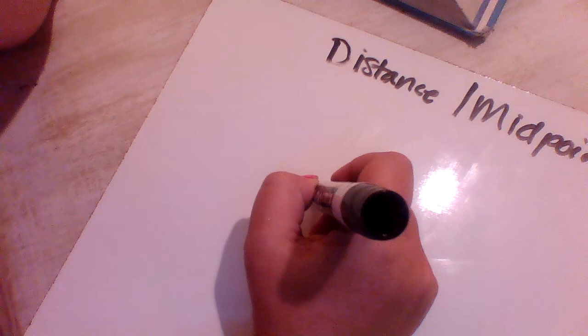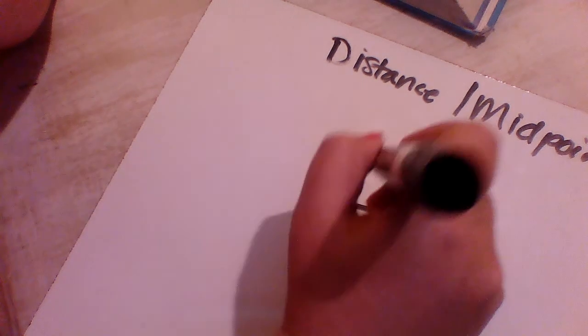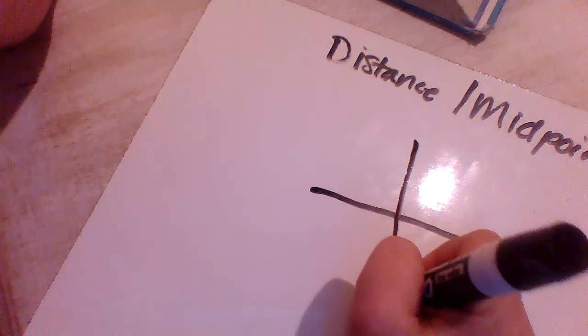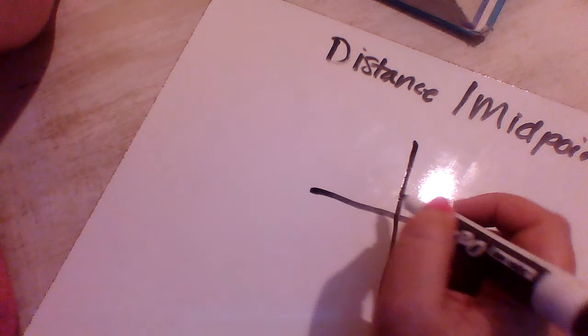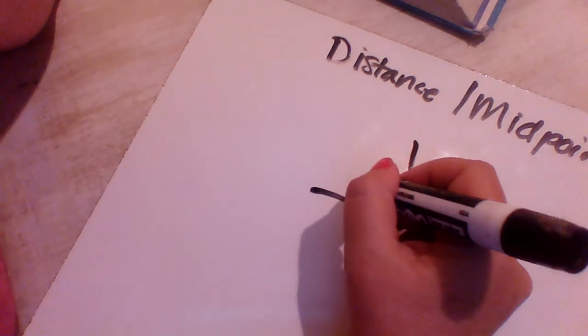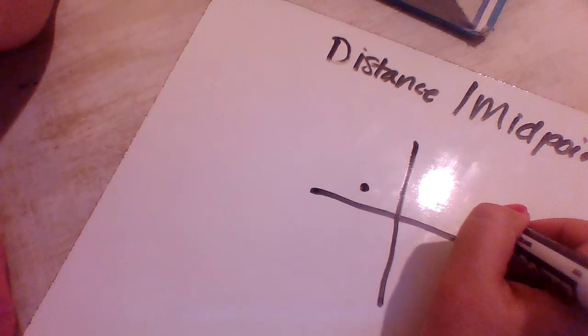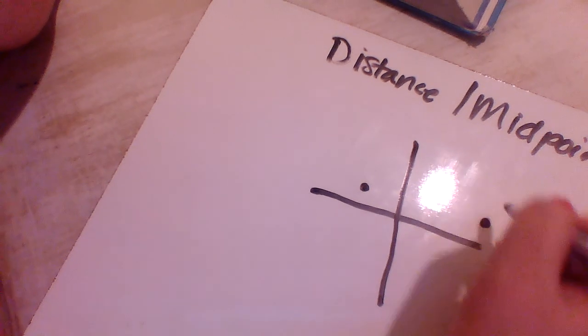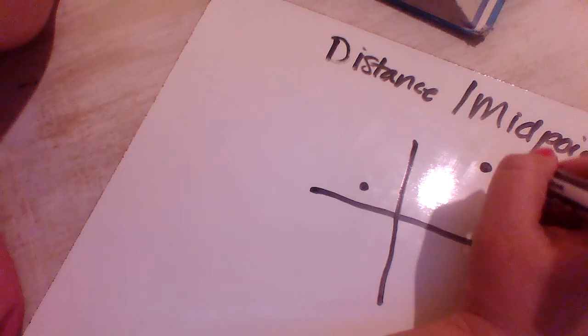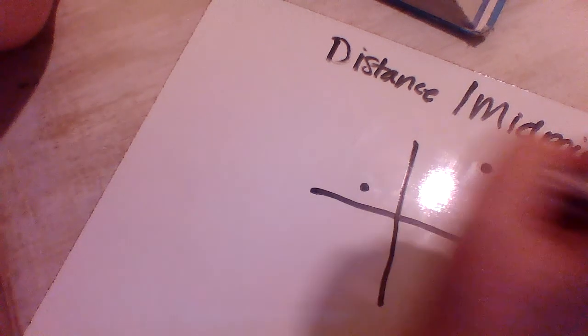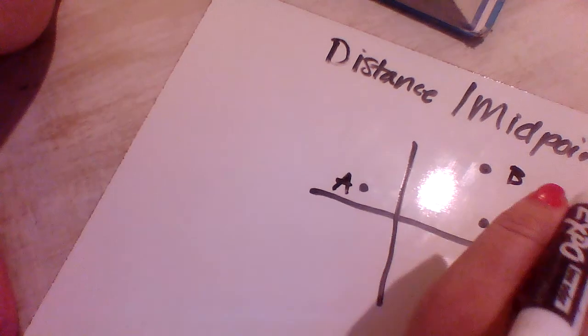So if you are looking on page 476 in your book, you can follow along with me. They give some points on the graph. They have an A, a C, and a B point. I'm not going to do all the hashtag marks.